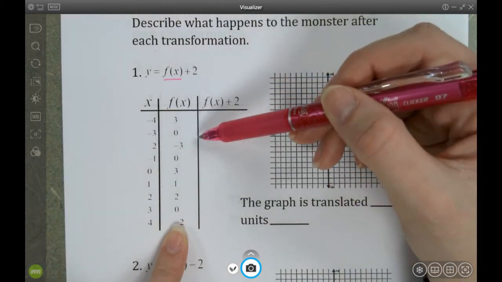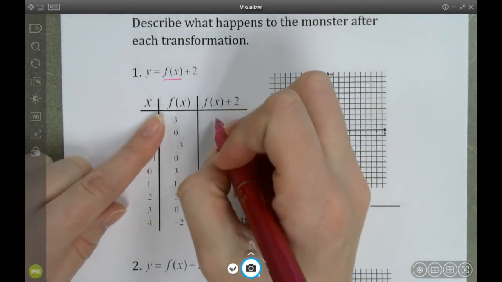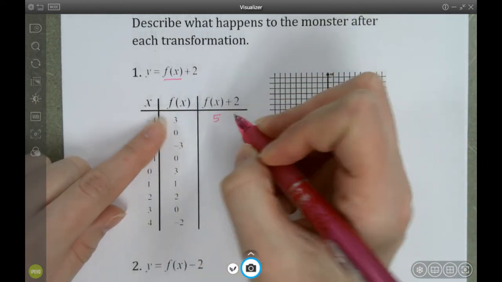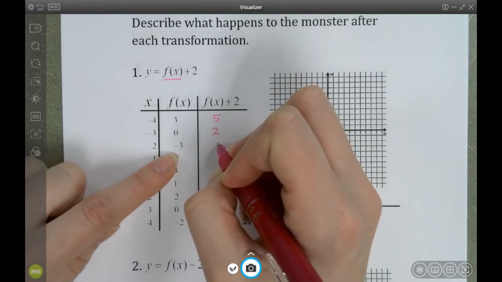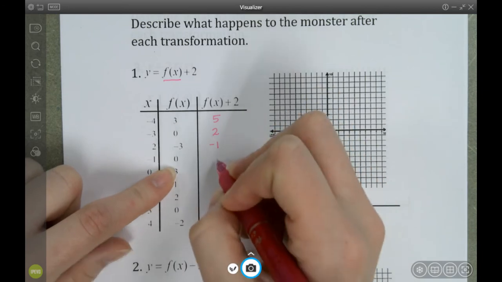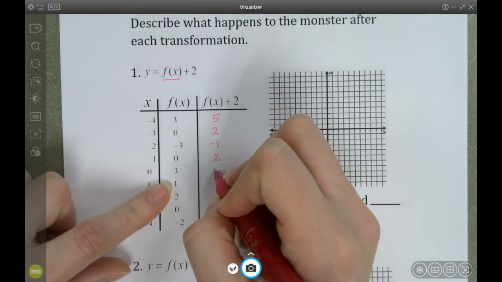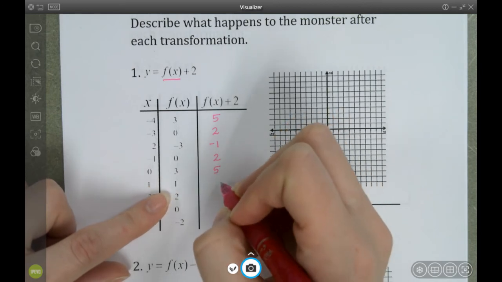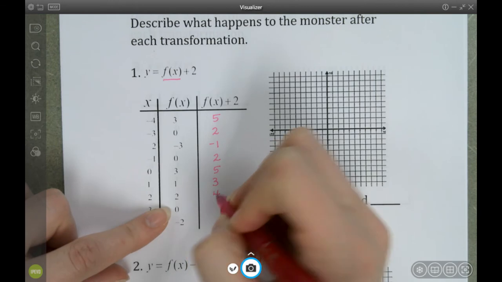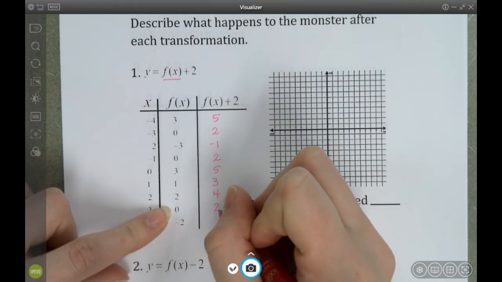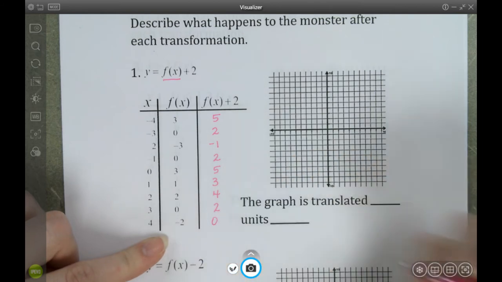So what's 3 plus 2? What's 0 plus 2? Negative 3 plus 2? 0 plus 2? 3 plus 2? 1 plus 2? 2 plus 2 is 4. 0 plus 2 is 2. And negative 2 plus 2 is 0.